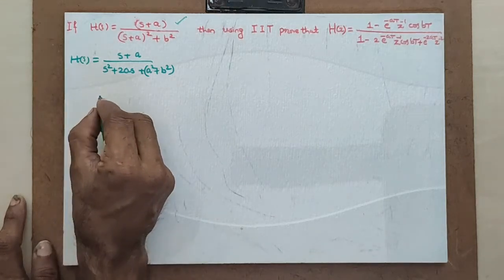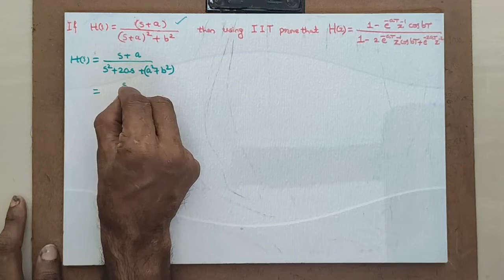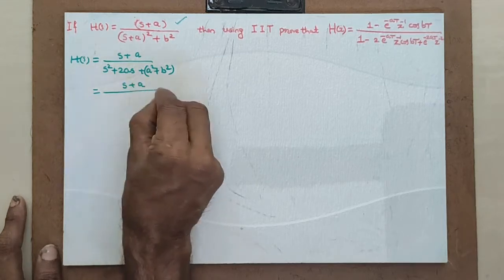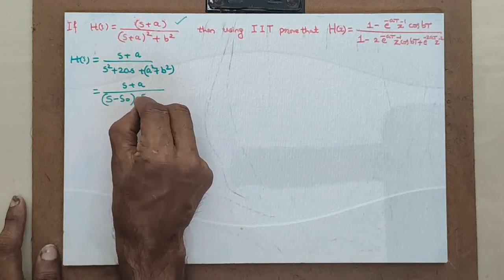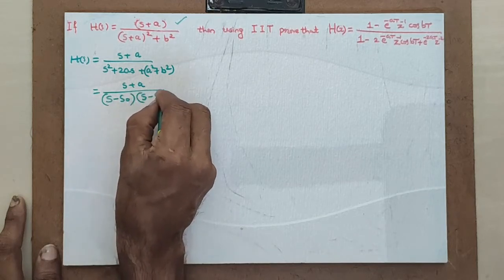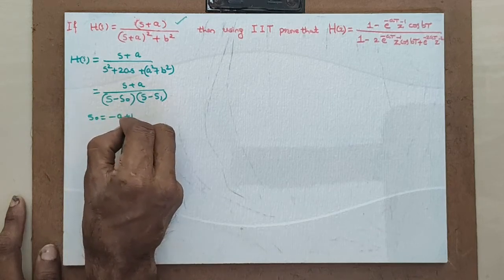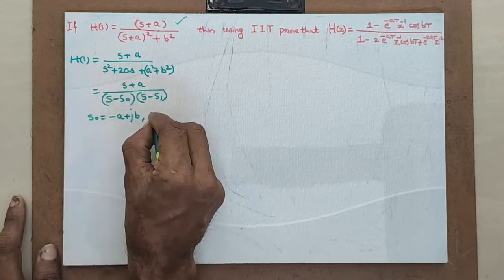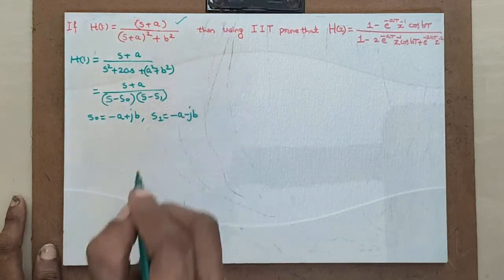You have already come across this. Hence I will write this as (s plus a) whole divided by (s minus s0) multiplied by (s minus s1), where s0 is equal to minus a plus jb and s1 is given by minus a minus jb.